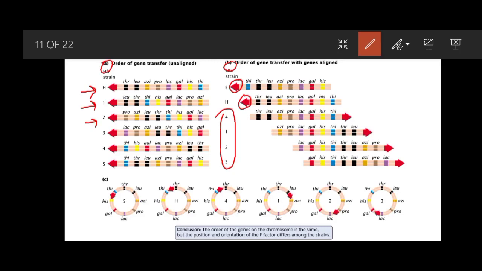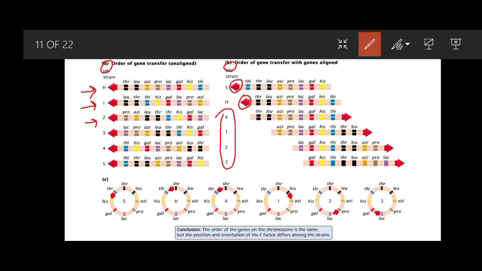And when we look at the orientation, then we can easily figure out where F factor was inserted. The first gene which appeared after less time, after almost 8 minutes, is the gene which is following the F factor.